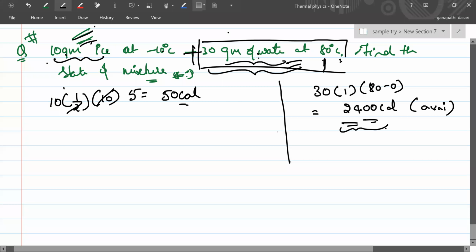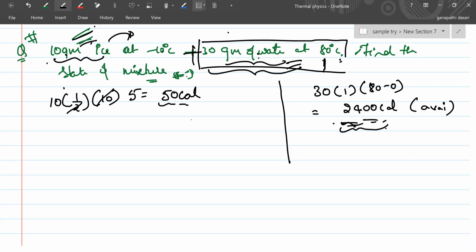Yes, sir. Then will it further go? Because the heat energy supplied, 2400, is higher than 50 calories. Yes, sir. So it indicates this ice can further go and get converted into water.